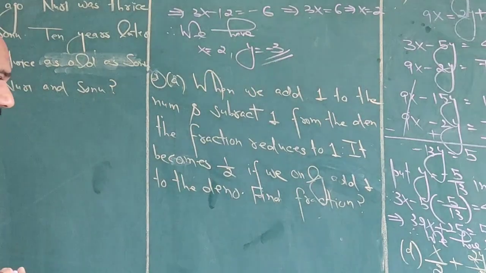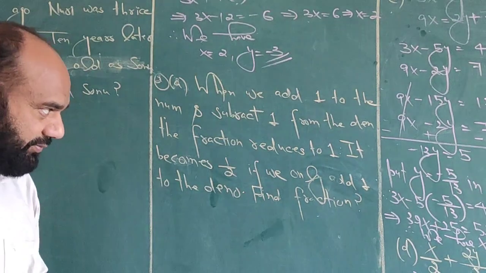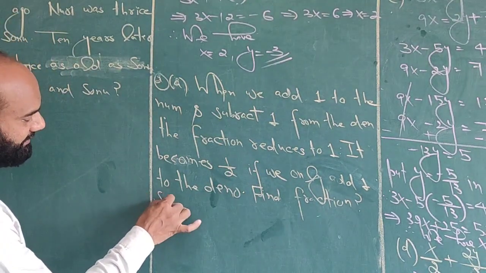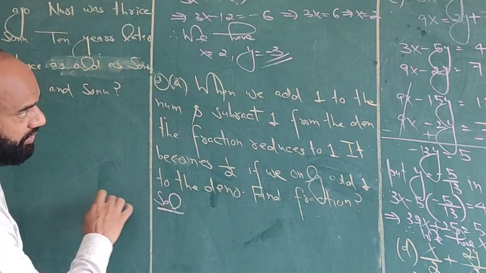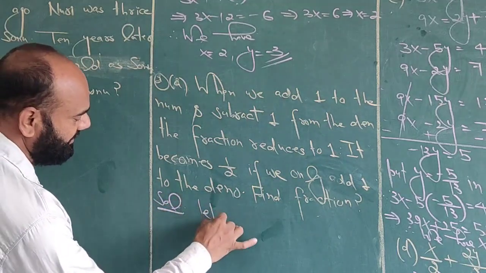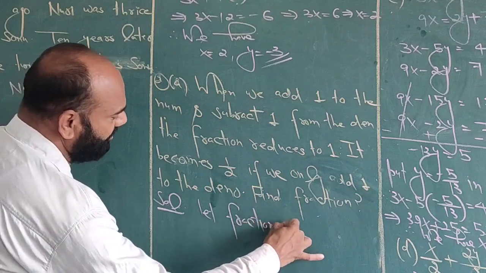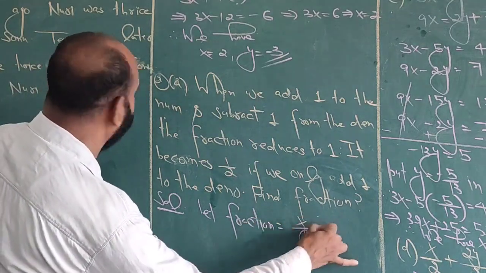If we only add 1 to the numerator, then find the fraction. So first of all, let the fraction be x upon y.